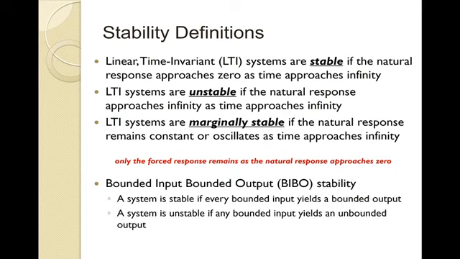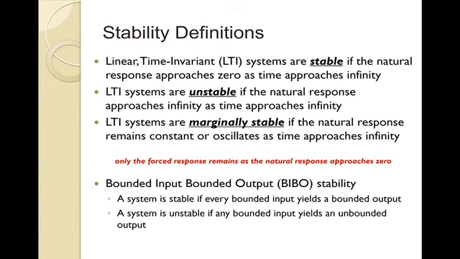Another way to talk about this is we often refer to LTI systems as having bounded input, bounded output stability, or BIBO stability. A system is BIBO stable if every bounded input, whether it's a step input, an impulse, maybe a ramp, a sine wave, etc., produces a bounded output.